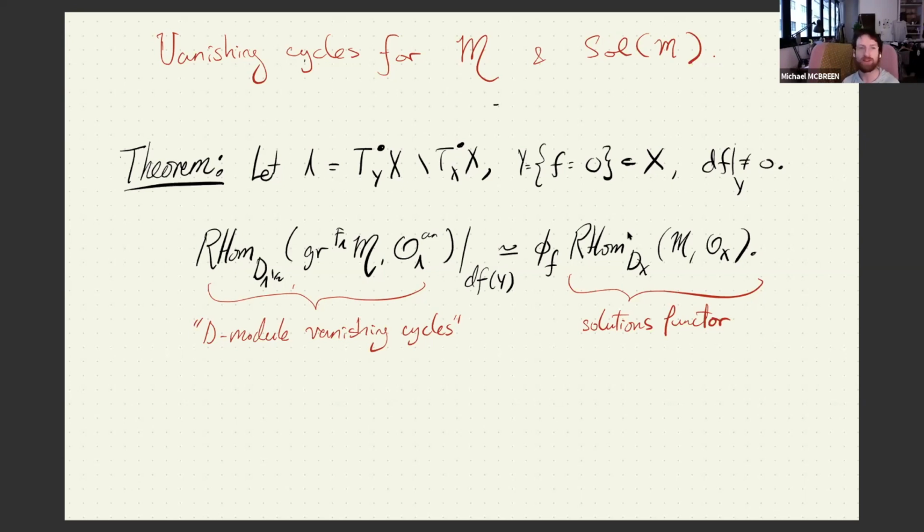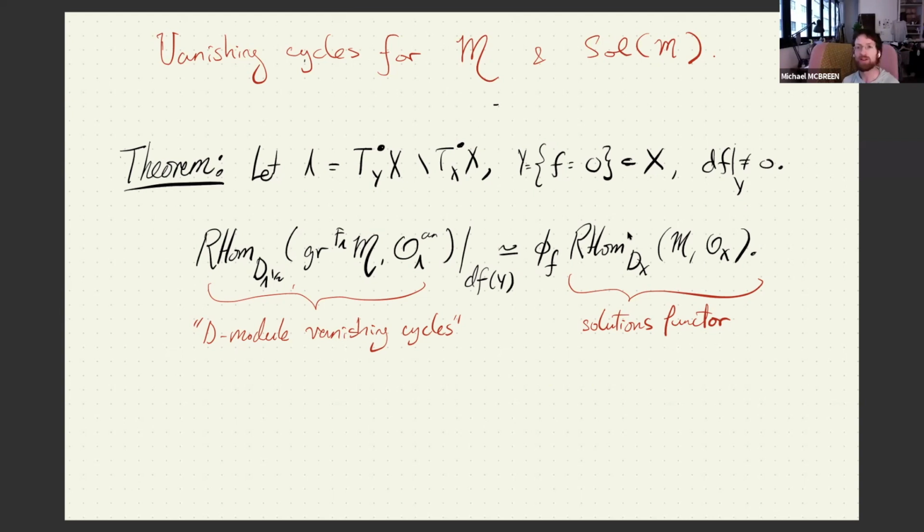You could filter M with this lambda filtration, take the associated graded, so you get a D-module on lambda, and then you could take solutions of that D-module.